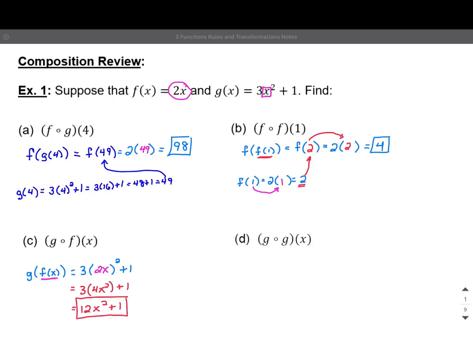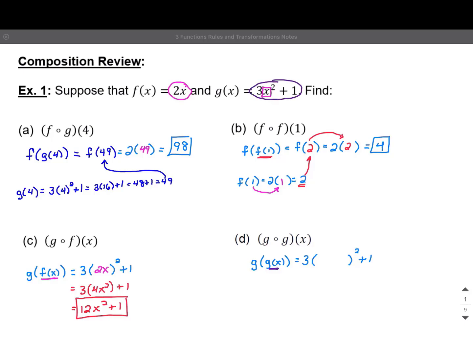Now we want to do g of g of x. So this time our outside function is still g of x, which is 3 times something squared plus 1. Only this time the inside is the function g of x.